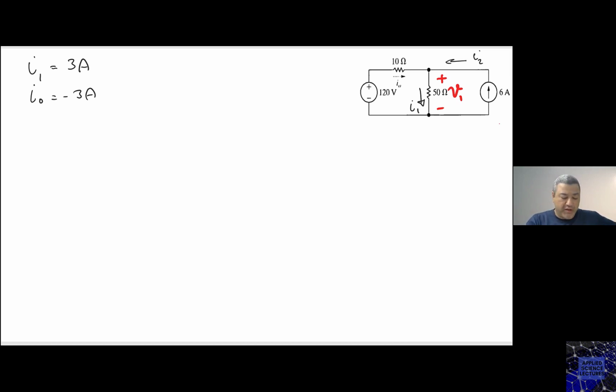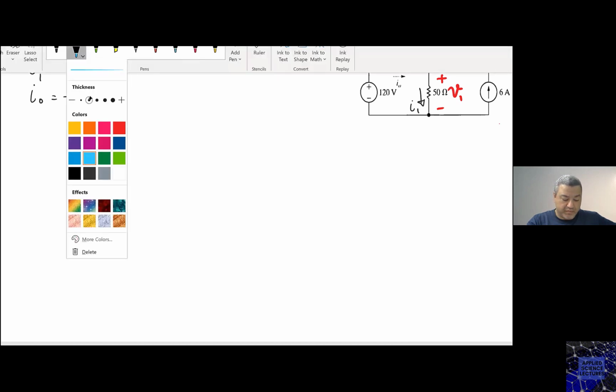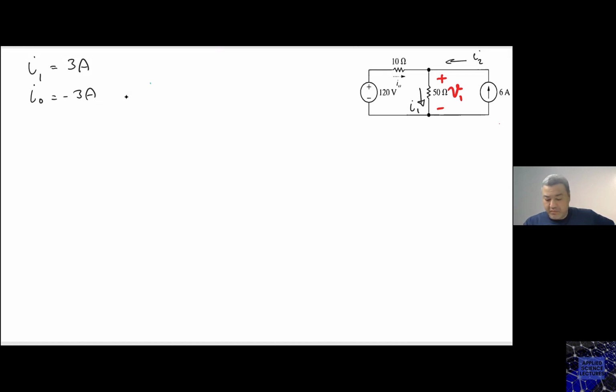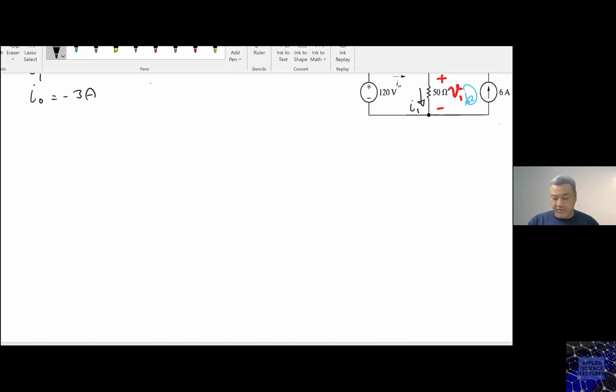If you want to create the second loop here, you don't know the voltage across. The voltage across this one is V1, right? So let me try to apply the KVL here, just to show you.